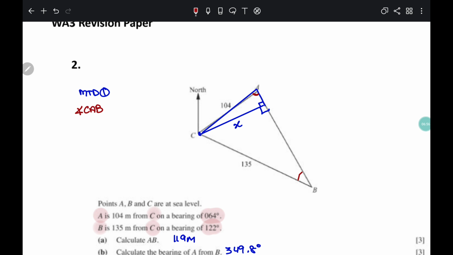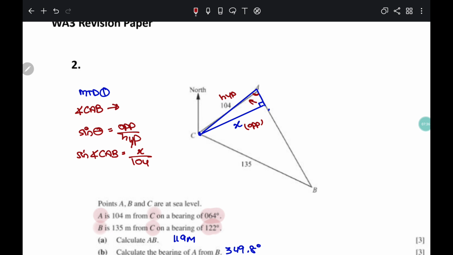Second, I look at that triangle, I notice that if I want to use trigonometry, 104 is the hypotenuse, opposite of 90 degrees, and X is opposite. So I use sine theta equals opposite over hypotenuse. Sine angle CAB equals X over 104. Sub in the angle CAB, which you have found just now.